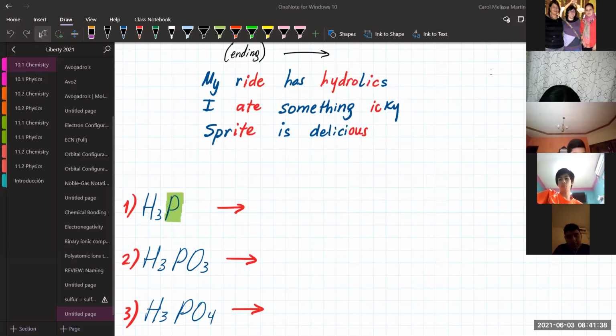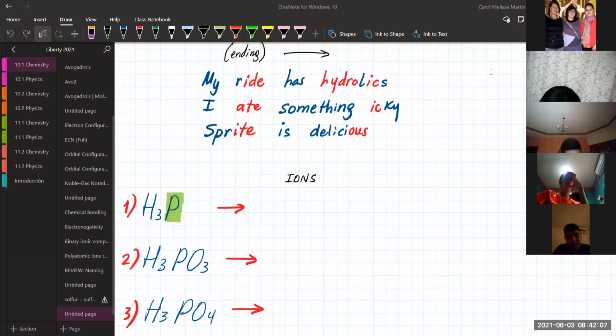Remember the table that Taylor shared in the video. Phosphide. Remember, what I do in the first place is check the ions. I know I can do it mentally, but I check the ions to be sure.